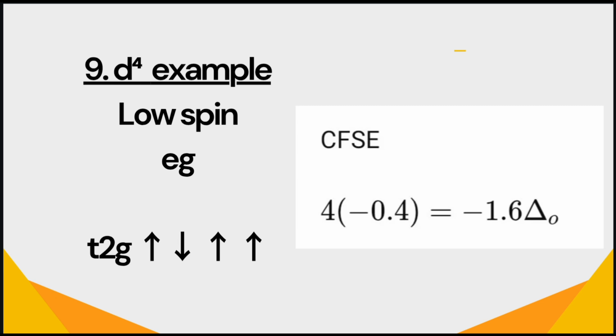You have to first fill the electrons in lower energy orbital. So here pairing will be present. So Eg will remain empty. So we will calculate CFSE. 4 into minus 0.4, that equals minus 1.6 delta naught.